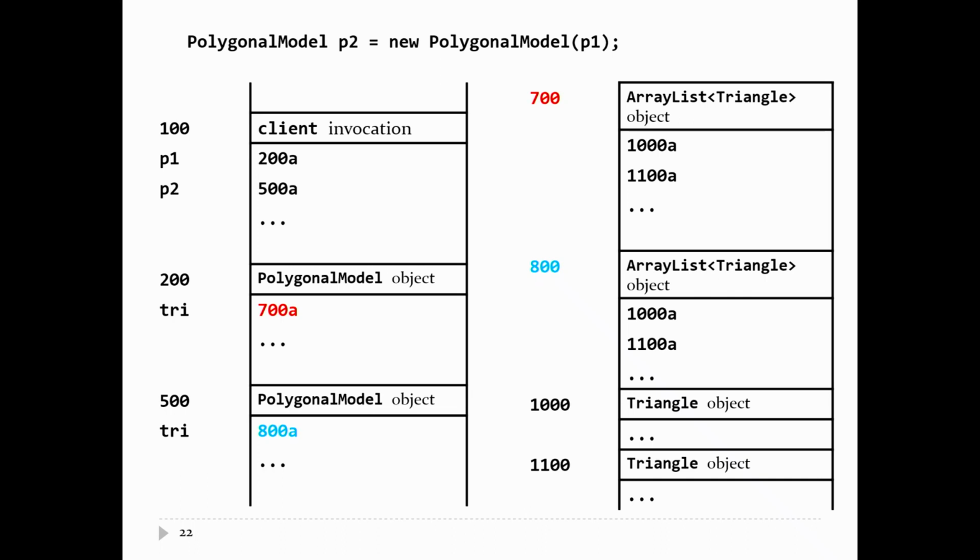But if you look at what's inside the lists, the elements in both lists are just references to these two triangles again. So I have two polygonal models, two lists, and I still only have two triangles. So neither model owns the triangles. They both own their lists, but they don't own their triangles.